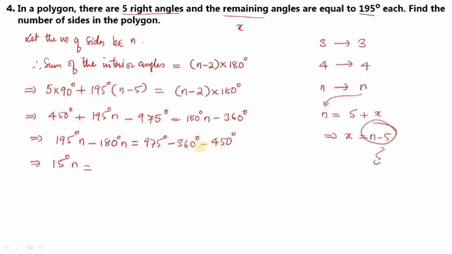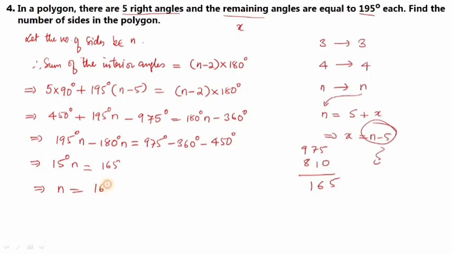So let's find the difference. First let's add the negative ones. When you add these two, you get 810. So 975 minus 810 gives you 165, isn't it? Now keep n out here.